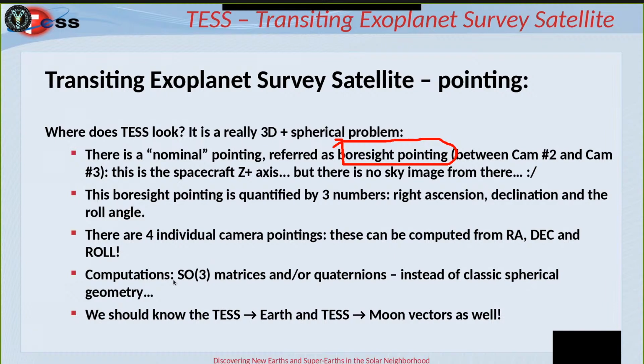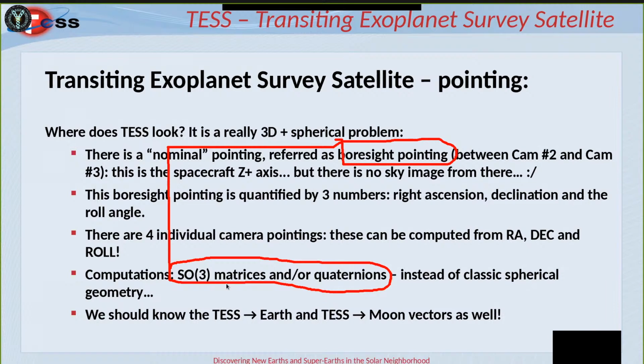So you need a little bit more complicated mathematics to answer even such a question as whether my favorite star is observed by TESS, or was it observed, or will it be observed.